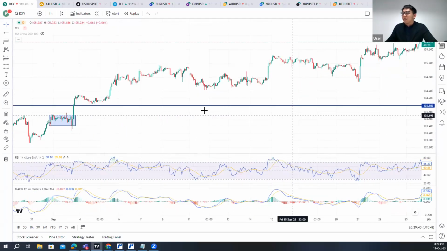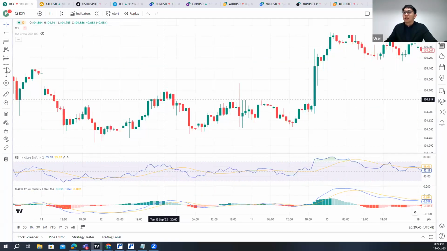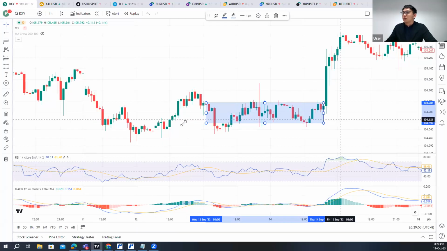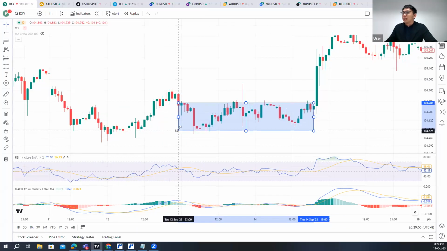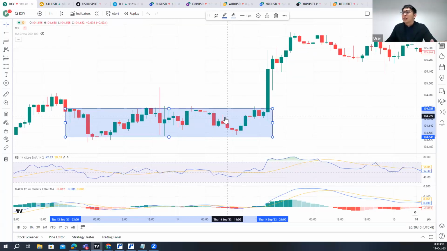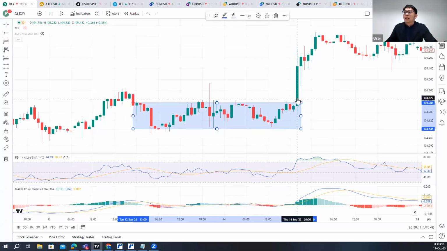Again, we found this price consolidation range before the economic data was released. We always have to identify the price consolidation range before we apply the breakout strategy. And then it is the same. We have to set an entry point above or below this range.